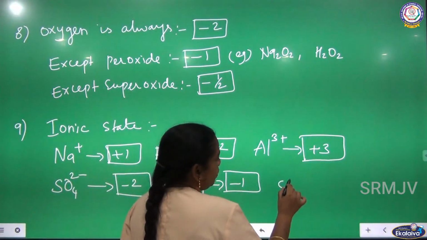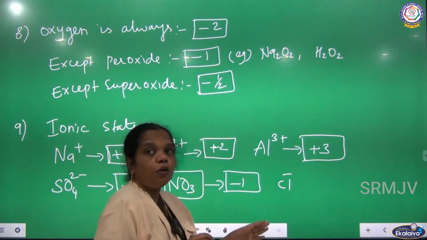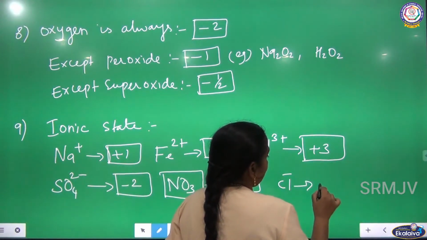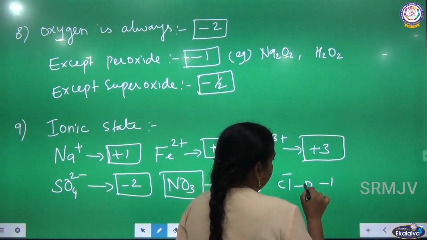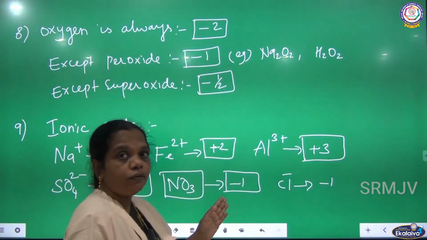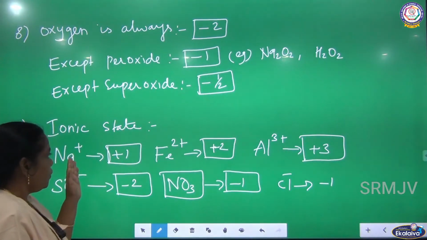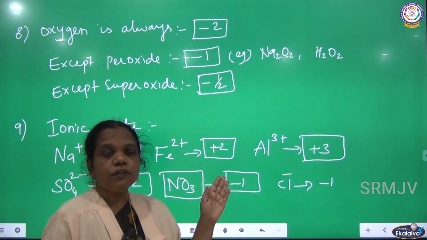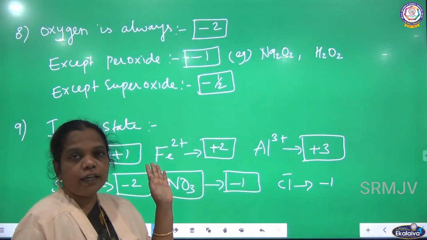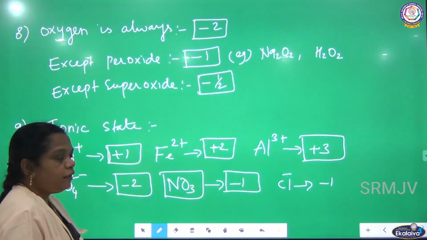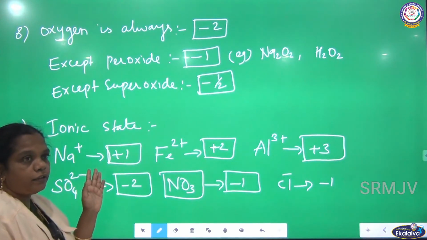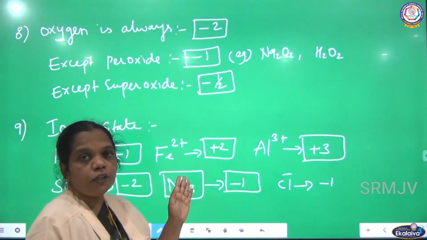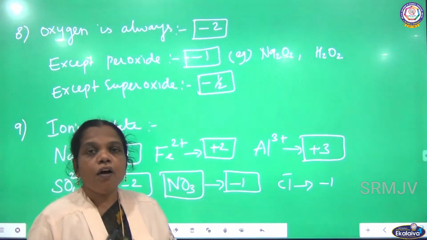Cl-, the chloride ion, the oxidation state is -1. So if it is found in the form of an ion, the charge of the ion is equal to the oxidation state of the ion. These are all the common tips you have to follow to find the oxidation state.